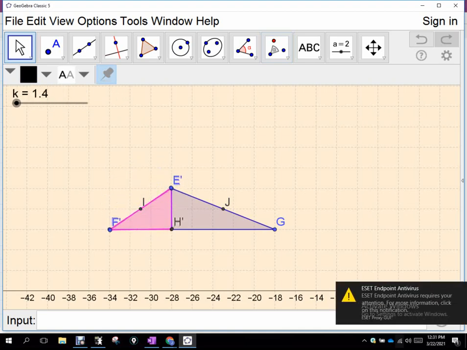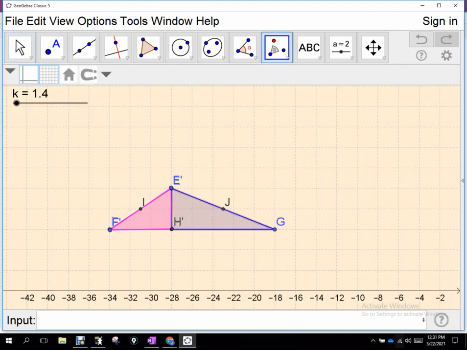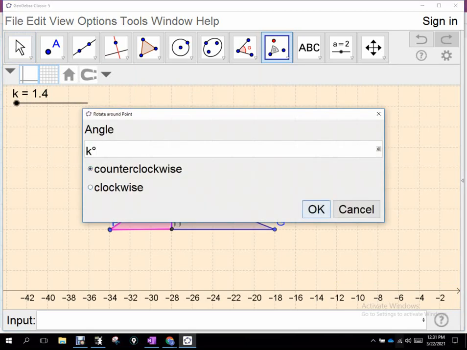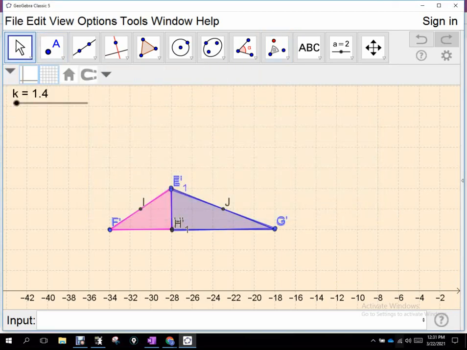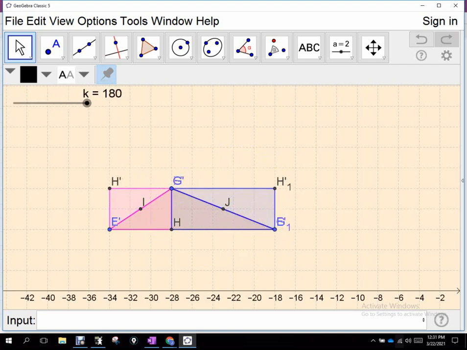So now, if I do the same thing with this blue one and rotate it around J, and I do that, does that collectively give me now a rectangle? These were right angles here, so that's a right angle, that's a right angle. We could do the math to figure out that's a vertical line and that's a horizontal line, so that's a right angle. So it's got to be a rectangle.